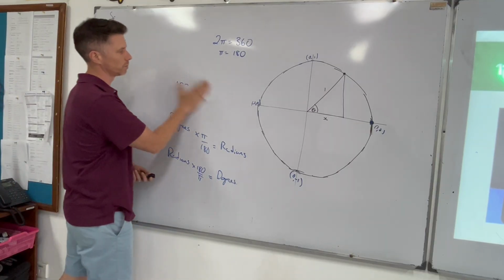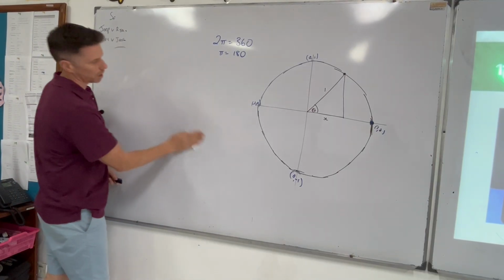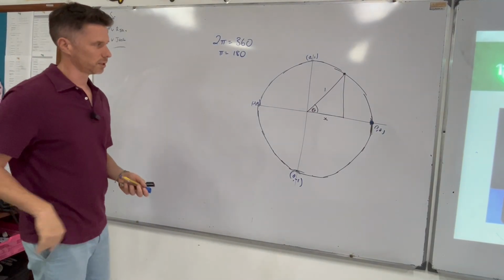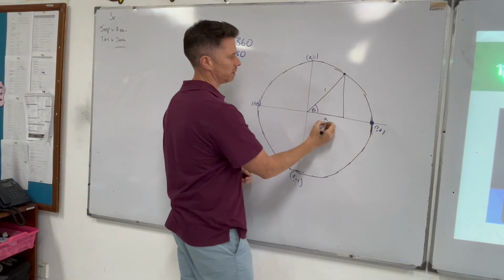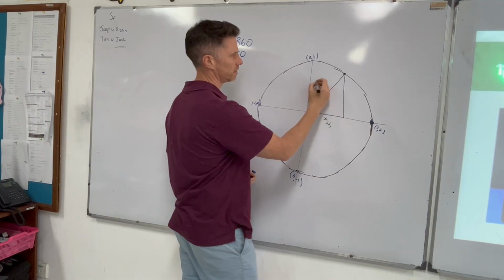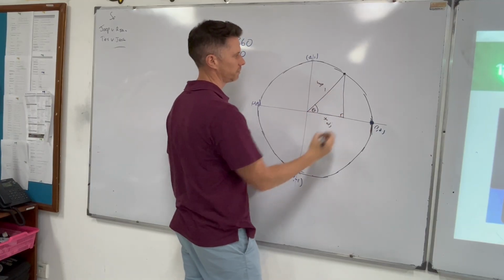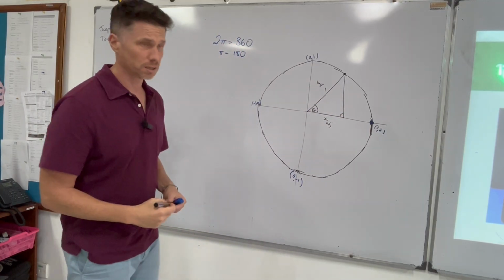If I knew the angle, it would definitely be easier. But this is the adjacent side. This is the hypotenuse of the right angle triangle I've created. So that sounds like cosine to me.